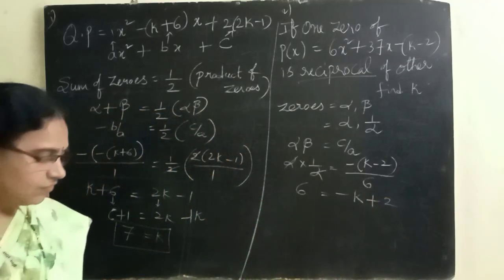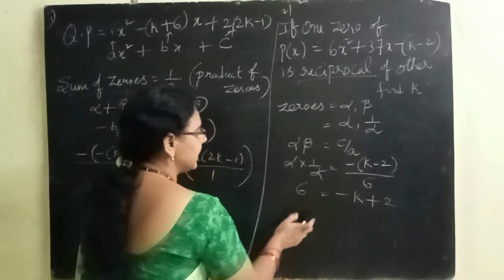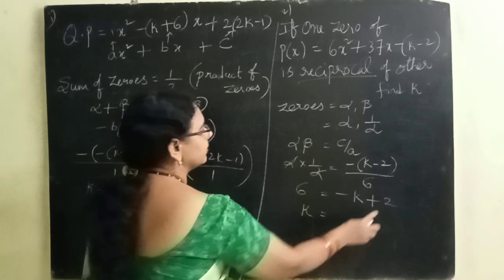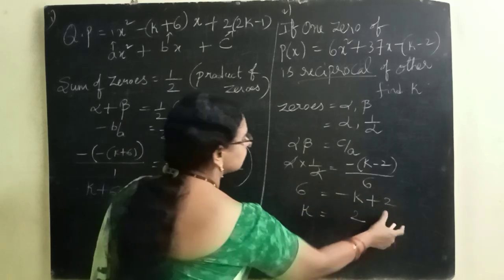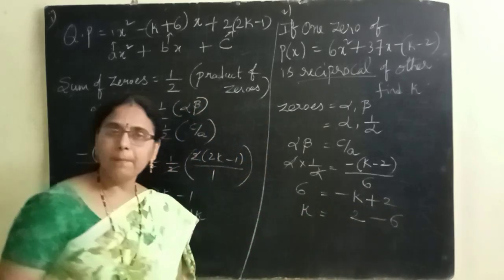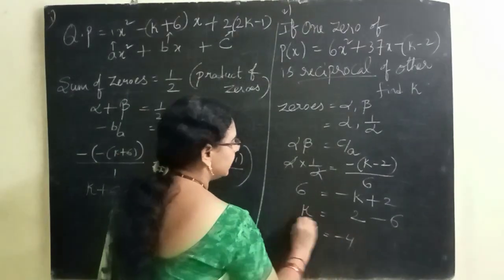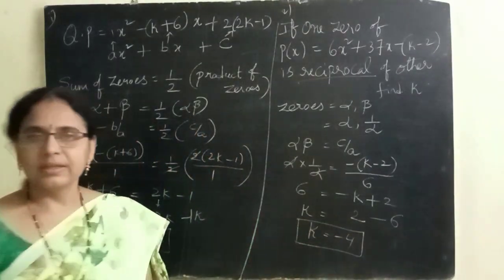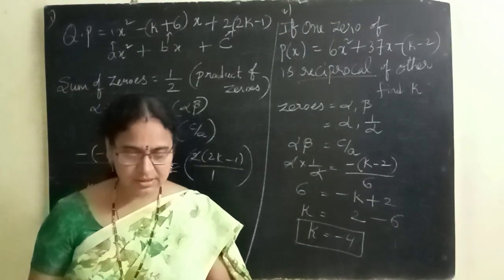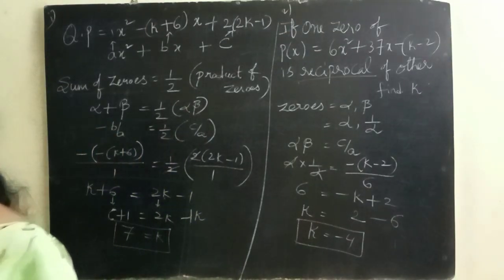I want the value of k. Minus k I am taking this side, plus k. Here 2 plus 6, I am transposing, minus 6. So k is equal to minus 4. Clear? Like that you have to finish it.